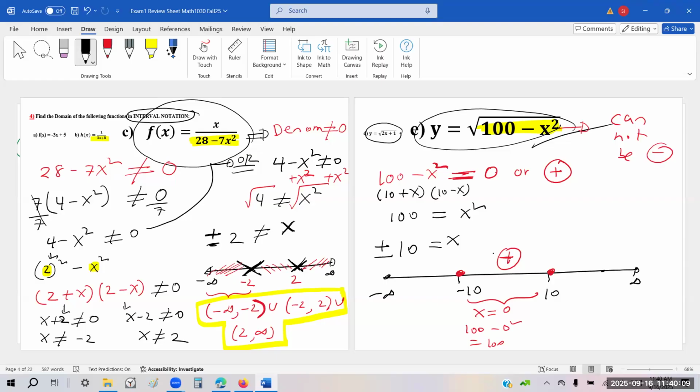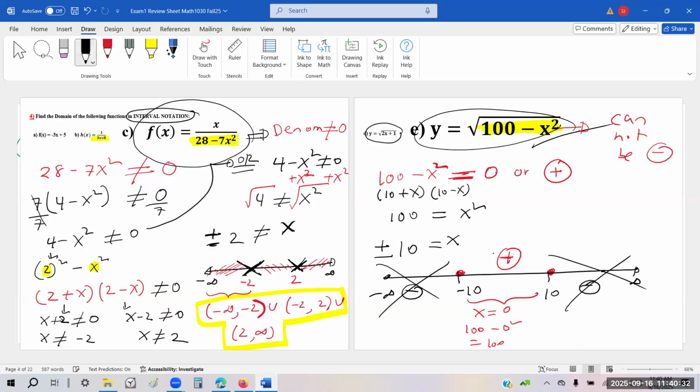So when you factor a polynomial and each factor has odd power, then the sign alternates. So you can test only one interval and the other two intervals will alternate. So the middle one is plus, that means this will be minus, this will be minus. You can check, but this is the rule. If we have odd power on the factor, then the sign will alternate across those zeros. We are not looking for minus numbers.